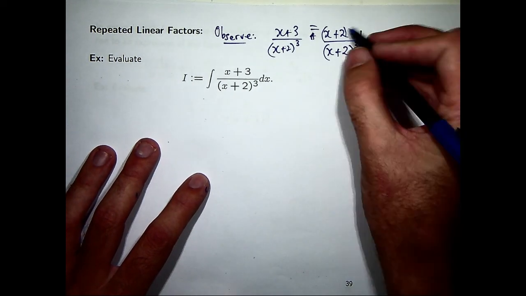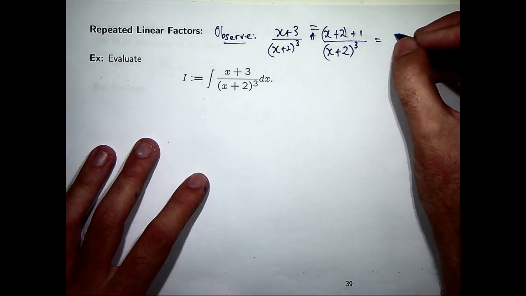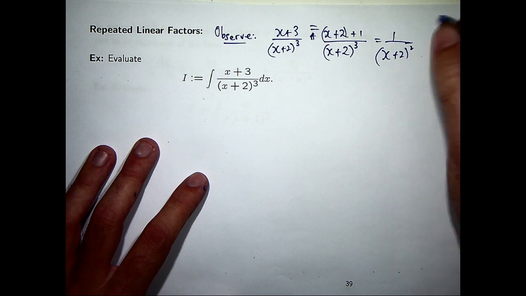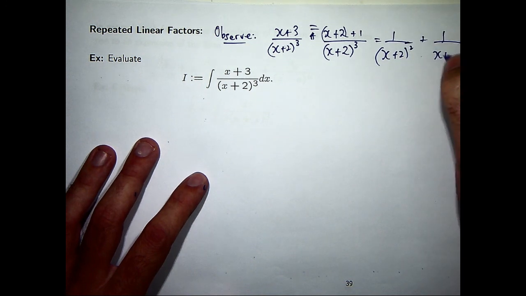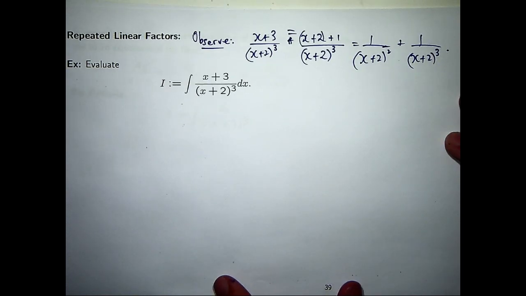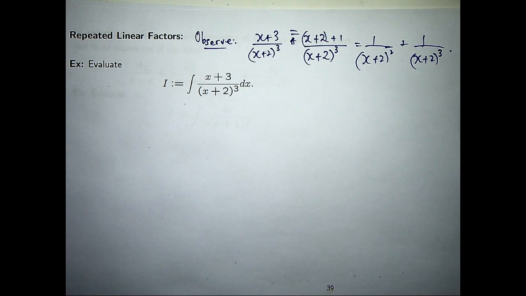So if I break up that first part, I'm going to get 1 on x plus 2 all squared. And the second part is just going to be 1 on x plus 2 all cubed. Now I can integrate both of those terms almost immediately.